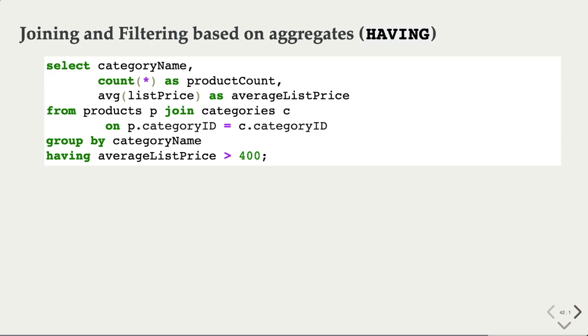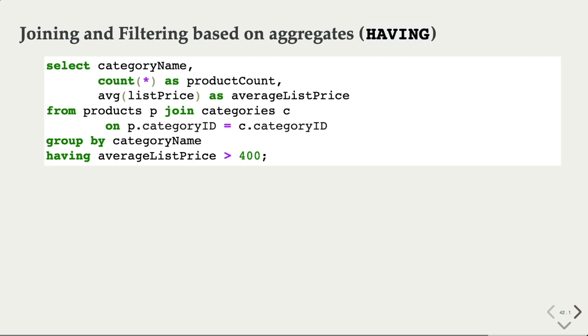Now we know the list price and product count should come from the products table, but the products table does not have a category name. So this category name must have come from a different table, which should be the categories table.